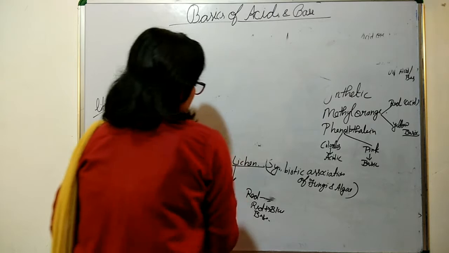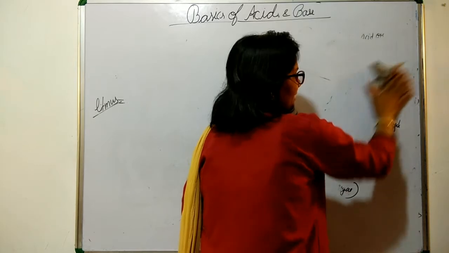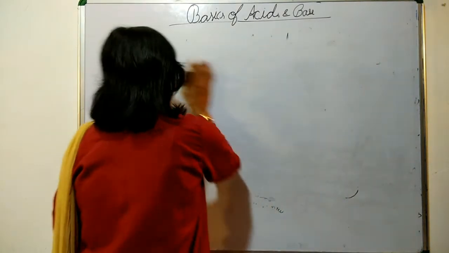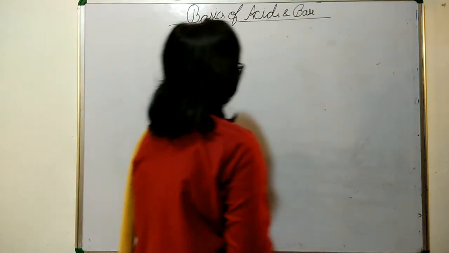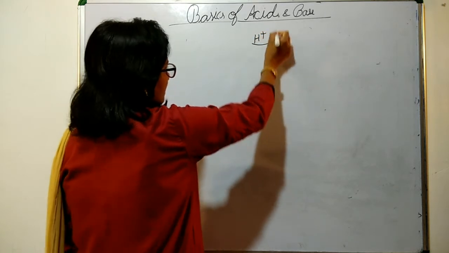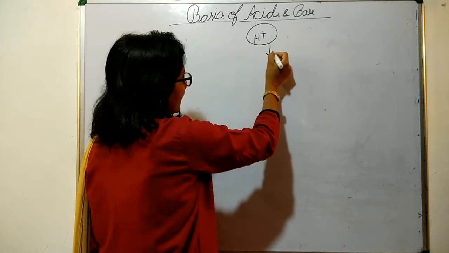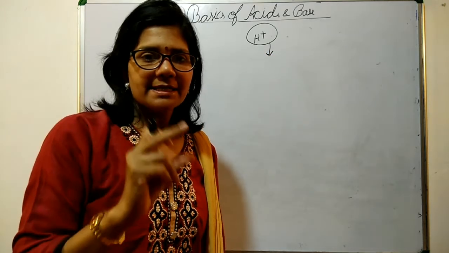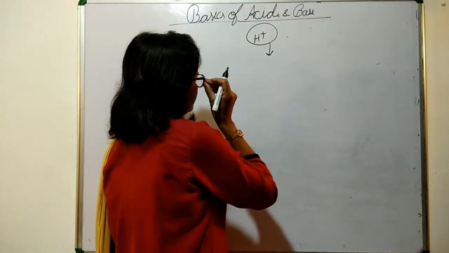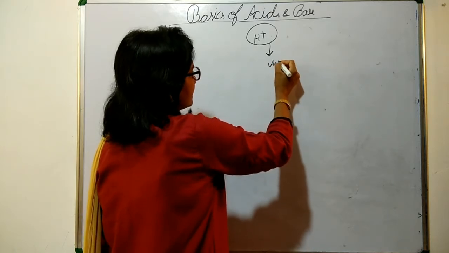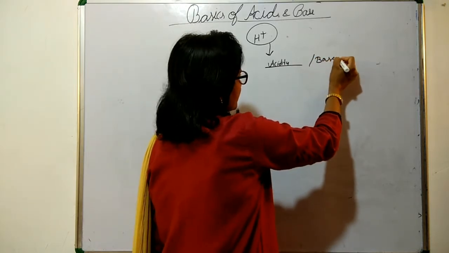Before the universal indicator, why do methyl orange, phenolphthalein, turmeric or litmus paper change their color? Because there is a change in hydrogen ion. On the basis of the presence and concentration of hydrogen ions, we find out the acidity or basicity.